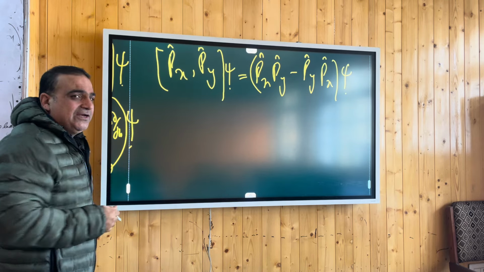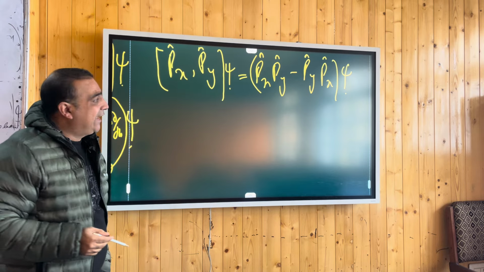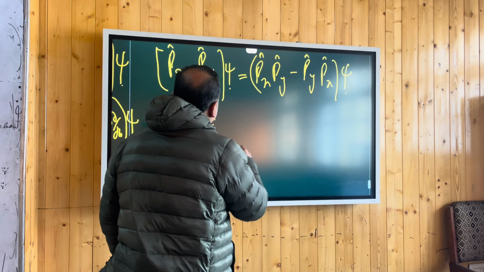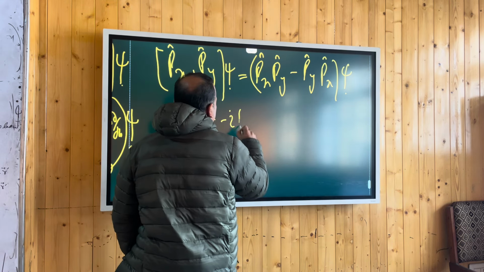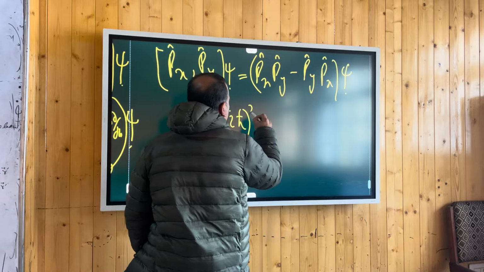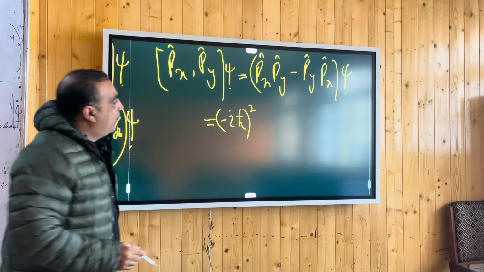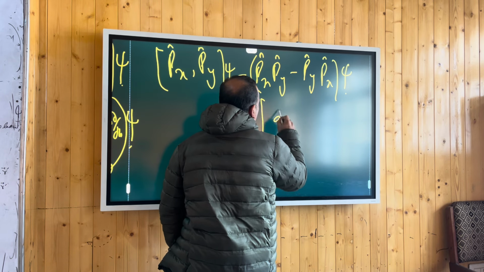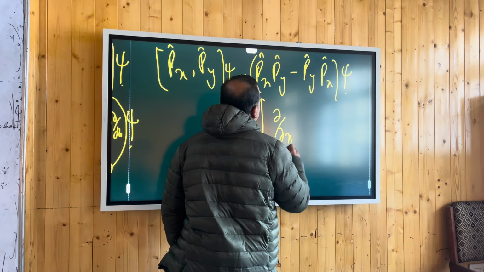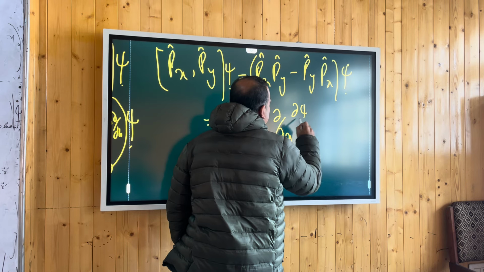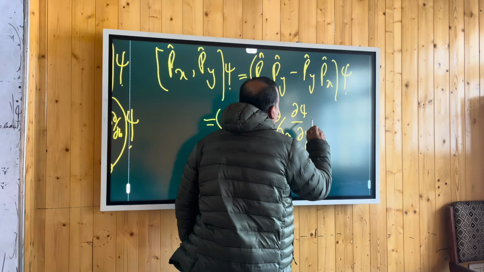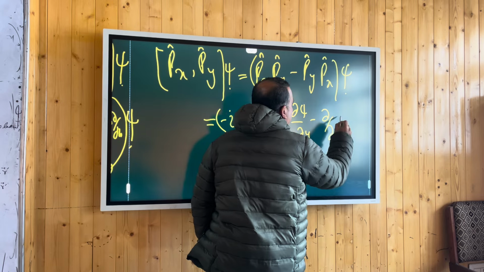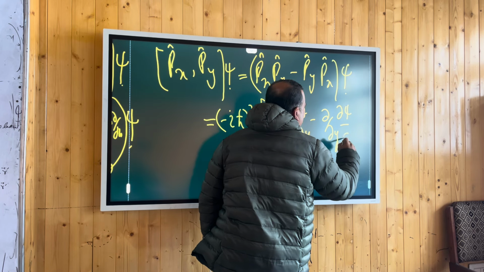Once we make the calculations, we can remove these eigenfunctions. Minus i h bar whole square will be out, and inside you'll be left with dou by dou x of dou psi by dou y, minus dou by dou y of dou psi by dou x.